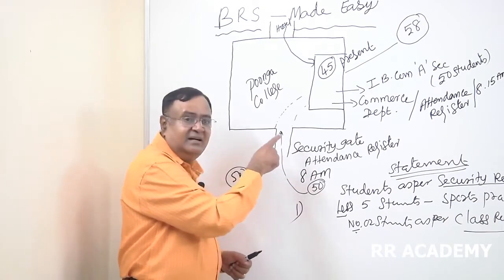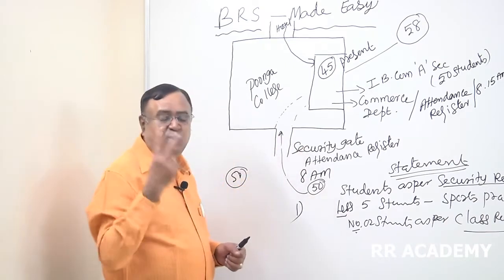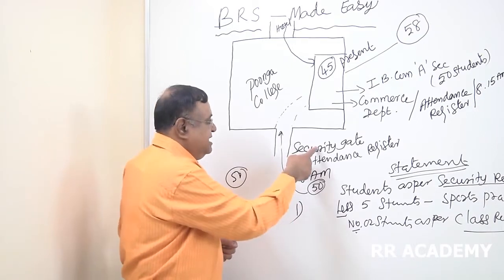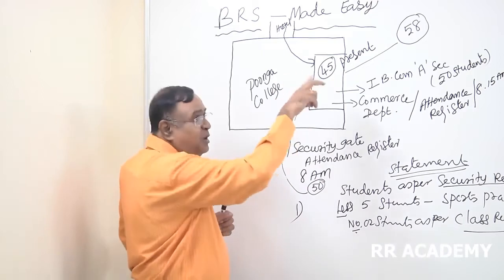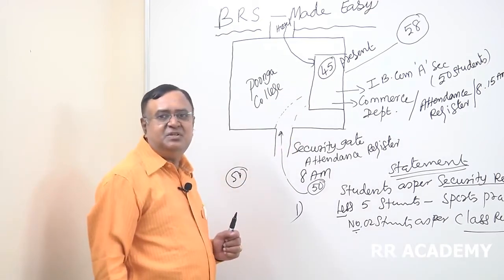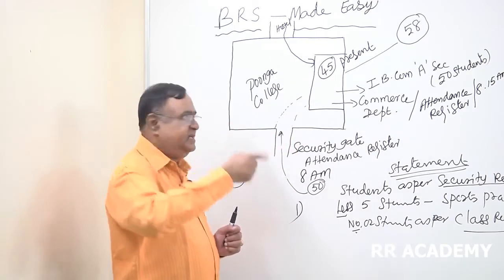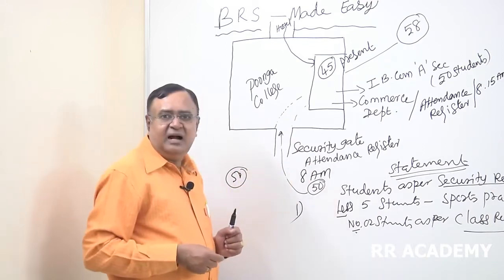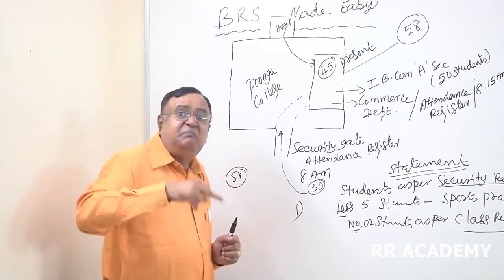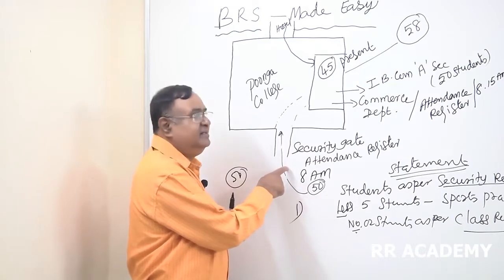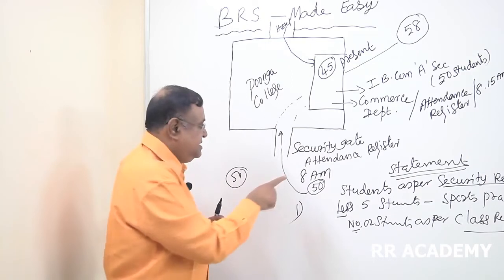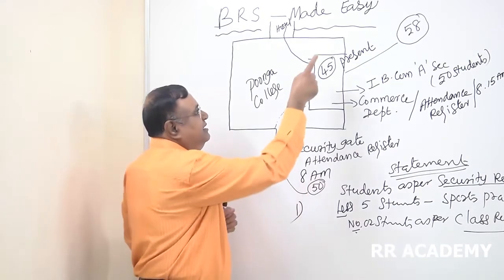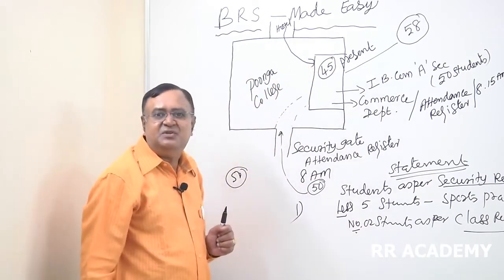One, security, two different persons. Here, the watchman takes the attendance register. There, the professor takes the attendance register. Two different persons. Another one, two different places: gate, classroom. Two different timings: 8 o'clock, and at 8:15 only they take the attendance register.